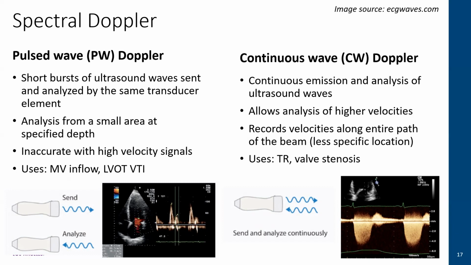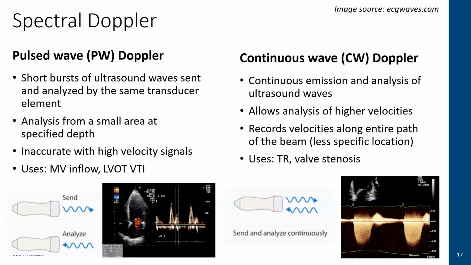This is good if you're trying to analyze a small area at a specified depth, but you're going to be inaccurate with high velocity signals. Areas where we use this are going to be mitral valve inflow, which we use in evaluating diastolic dysfunction, and also with tamponade physiology, and then also for the LVOT.